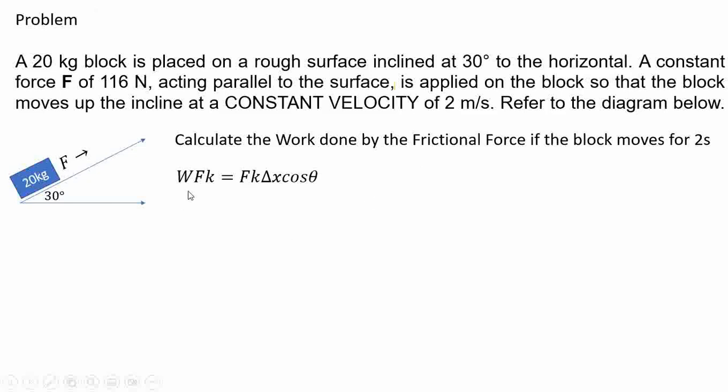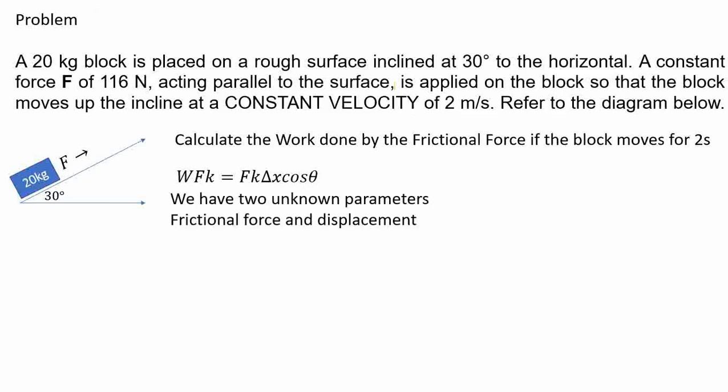We'll start off by writing our formula for work done by friction, which is equal to frictional force times delta X cos theta. In this case, we have two unknown parameters, which are frictional force and displacement. In the first step, when solving such problems, we always draw a free body diagram, even if you were not asked to draw one.